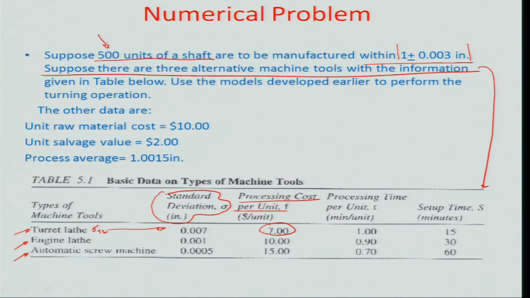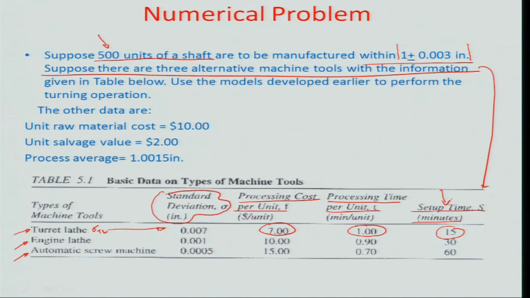What is also given is the processing time per unit, which is 1 minute per unit, and the setup time. Setup time is very important, particularly in batch production, because the moment you change the design or the manufacturing lot, you need to set up the machine again for the new design.